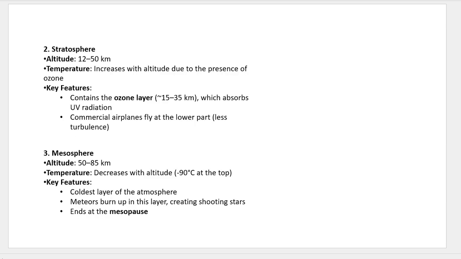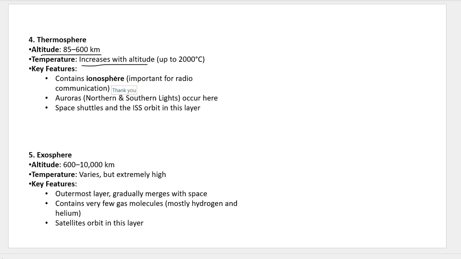Yeah, I was talking about the thermosphere. So temperature increases with altitude and the key features contain the ionosphere. Ionosphere means ionized molecules are present in the thermosphere and they are important. This layer is important for radio communication.